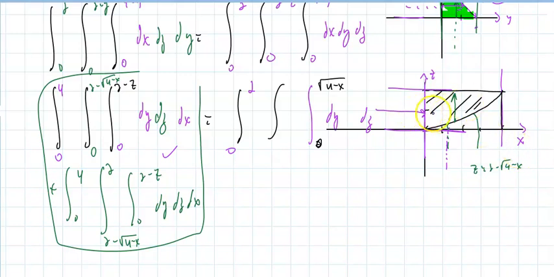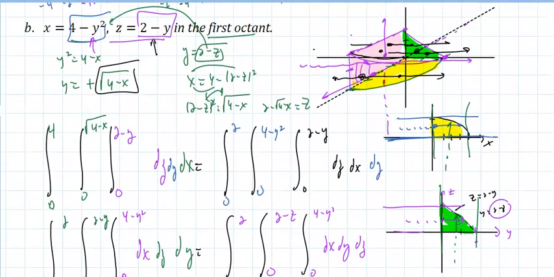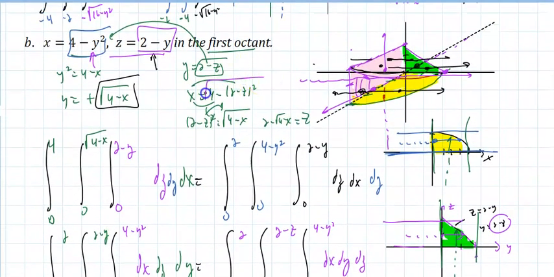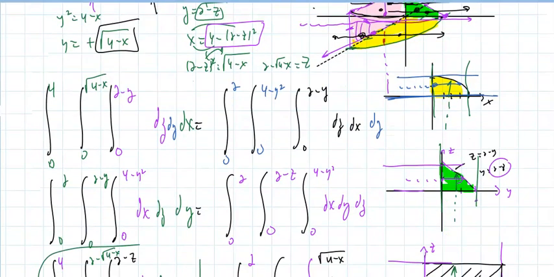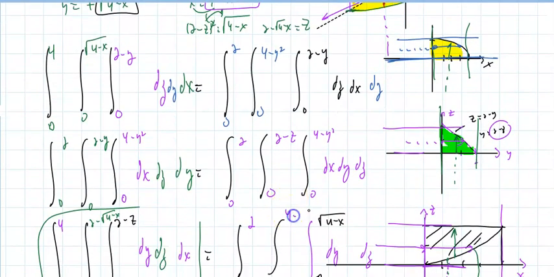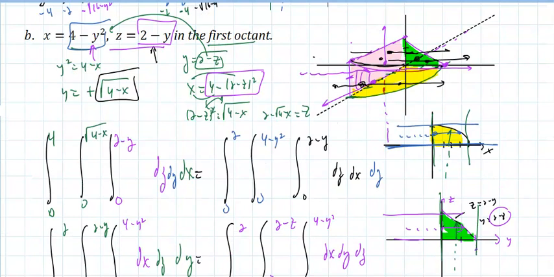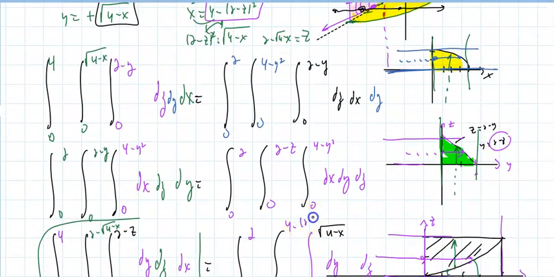And x is going to run from 0 to x equal 4 minus (2 minus z) squared.